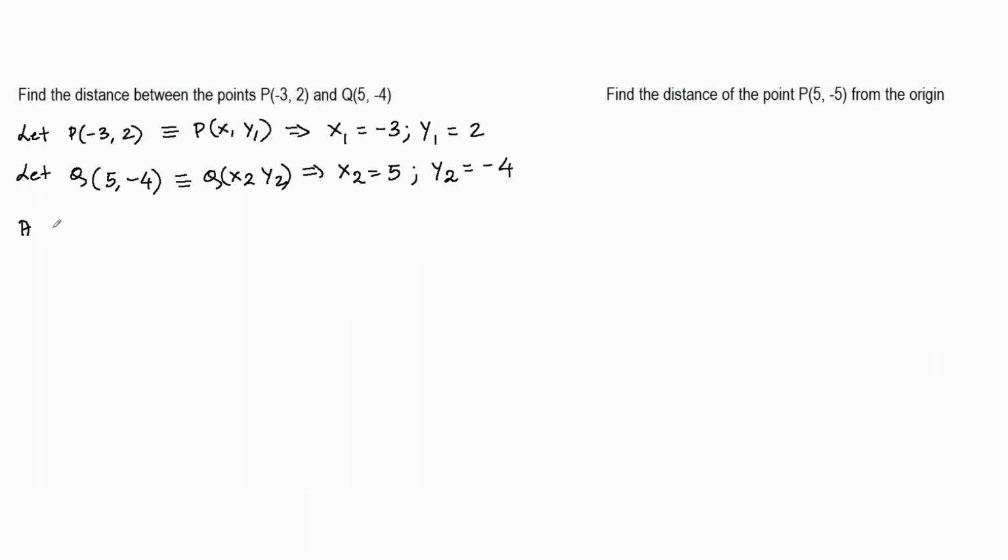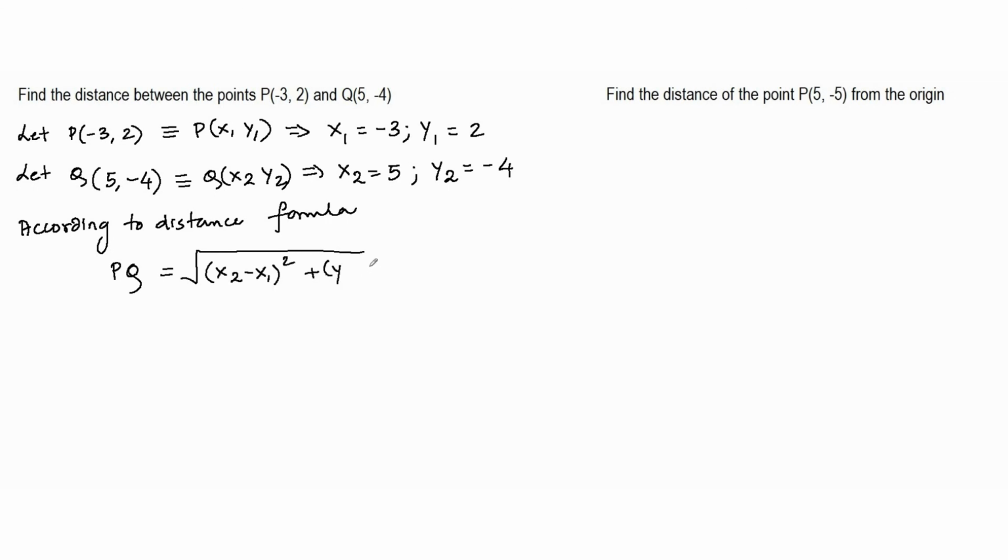So I know that according to the distance formula, the length PQ will be given as under root of x2 minus x1 the whole square plus y2 minus y1 the whole square, and that is going to be under root of x2 is 5 minus of minus 3, so x2 minus x1, and x1 is negative 3.